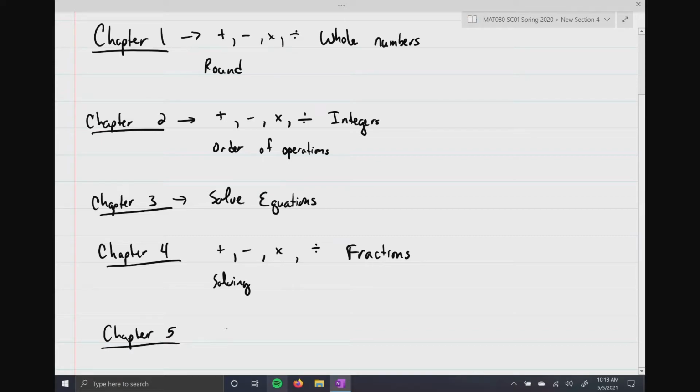Chapter 5, add, subtract, multiply, divide with decimals.